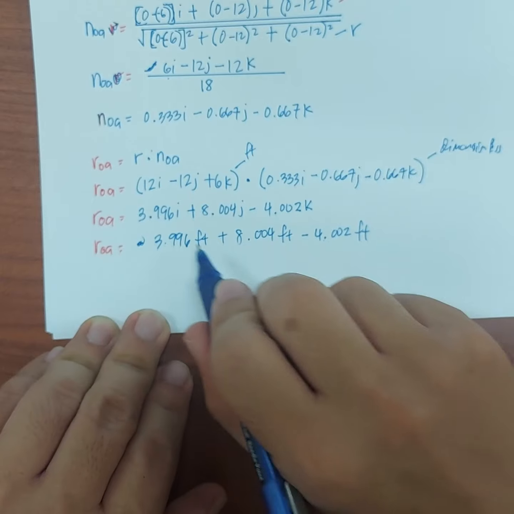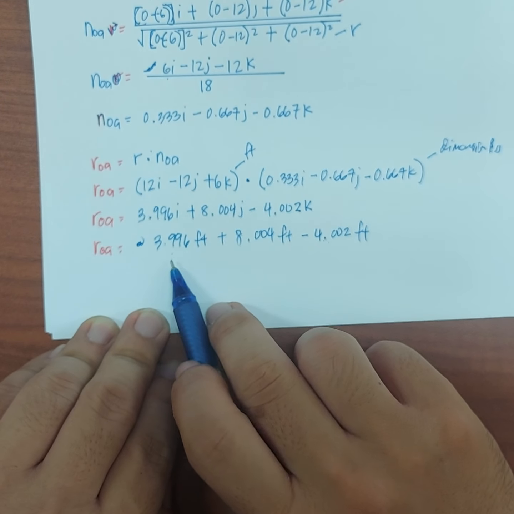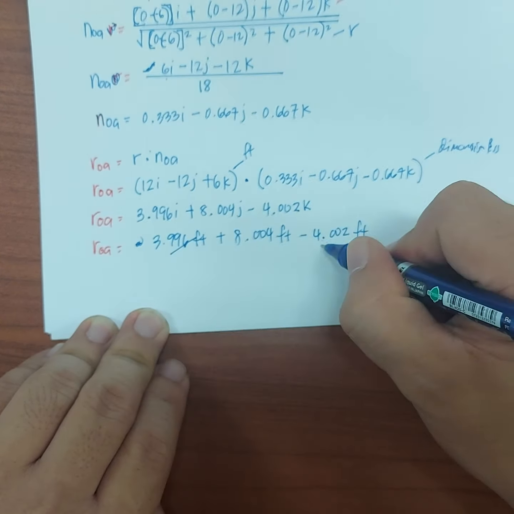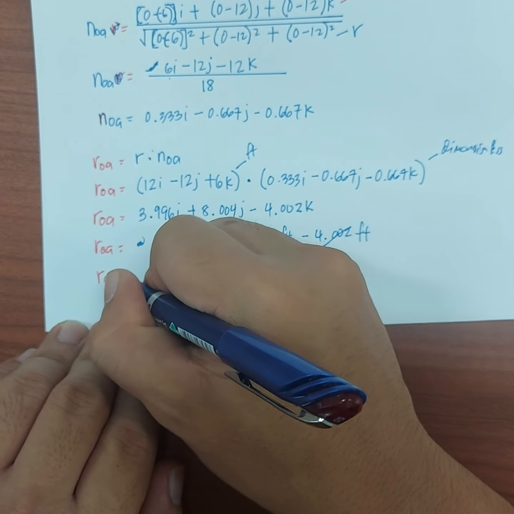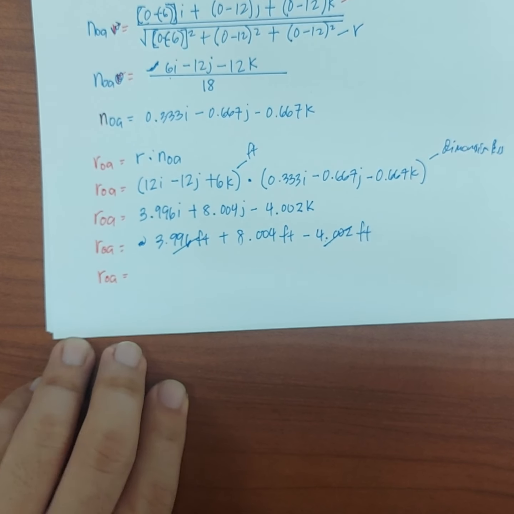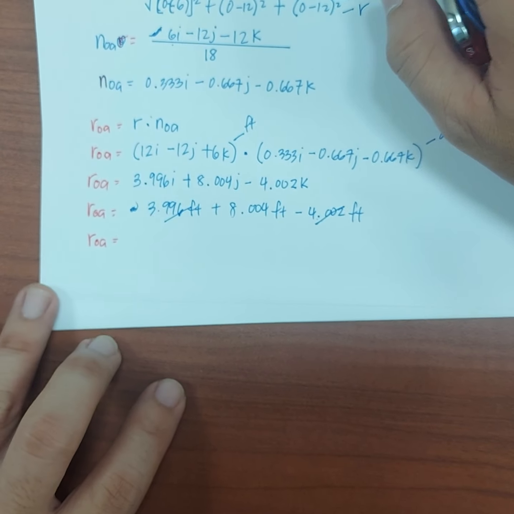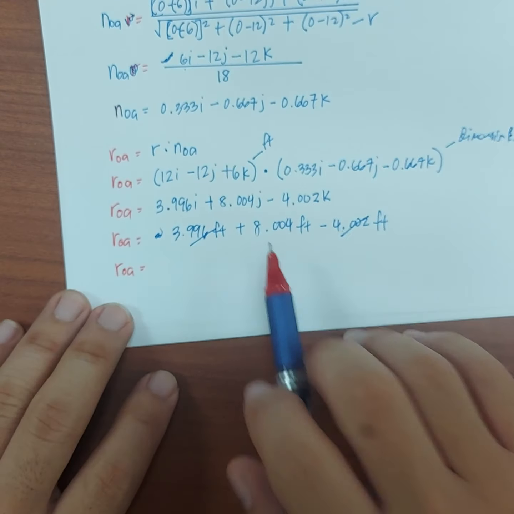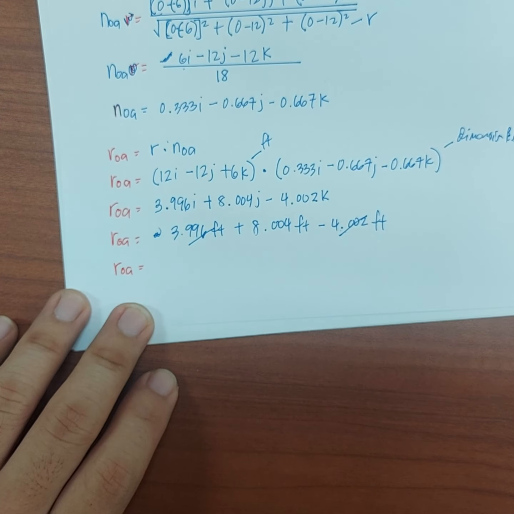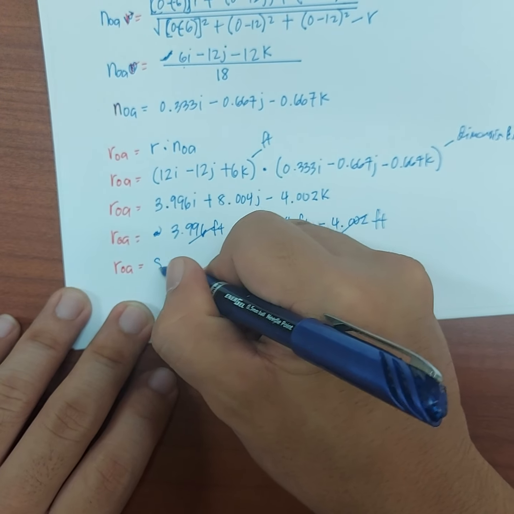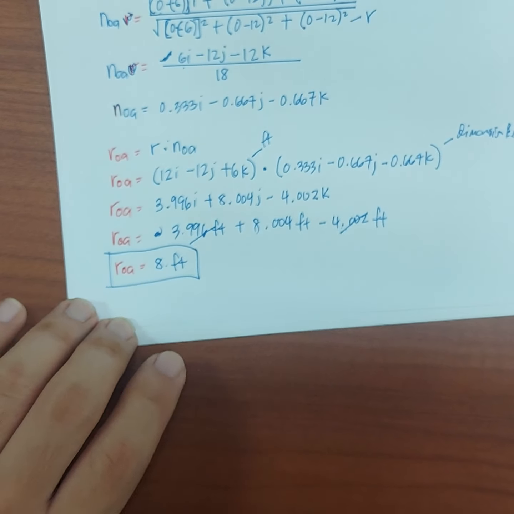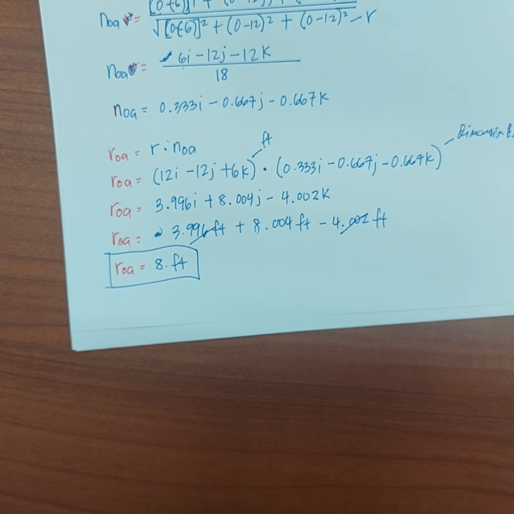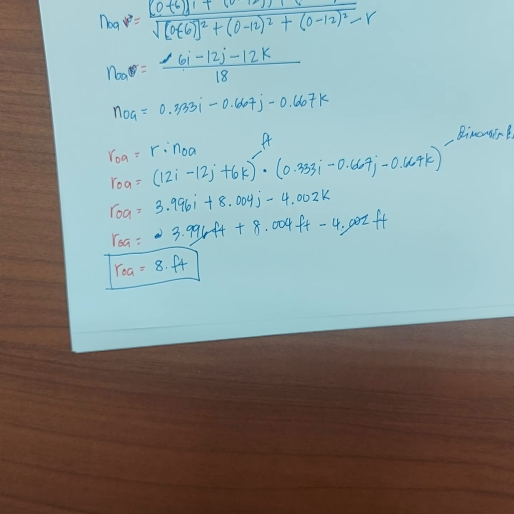Actually that is 4, so those two terms cancel. So the component of the position vector R along axis OA is 8.004 feet, or simply 8 feet. That's the component of the position vector along the OA axis. It's that simple.